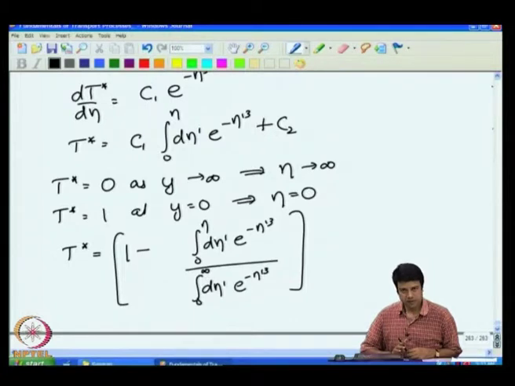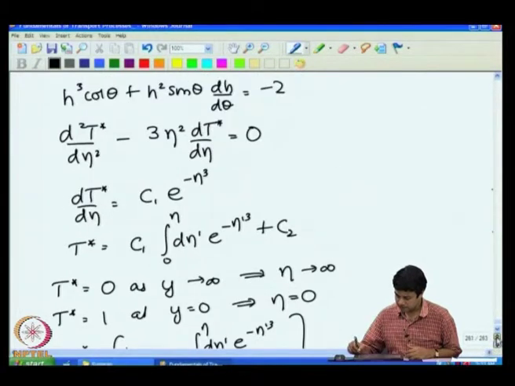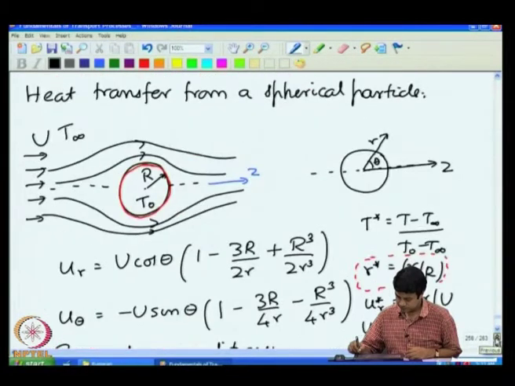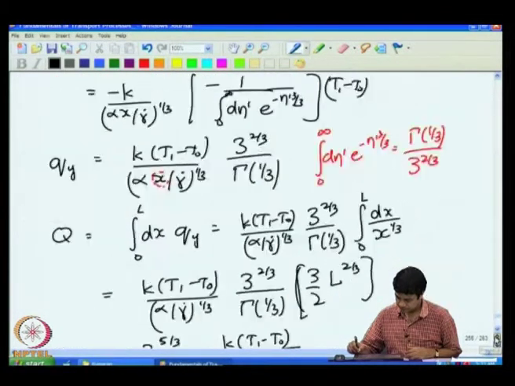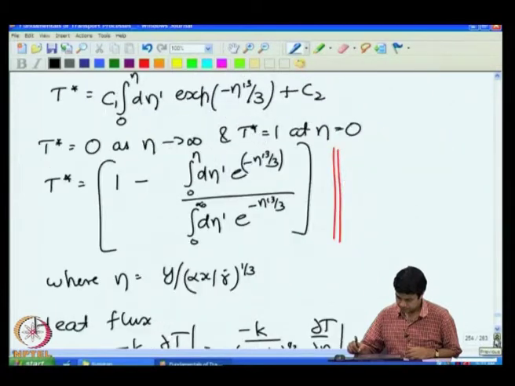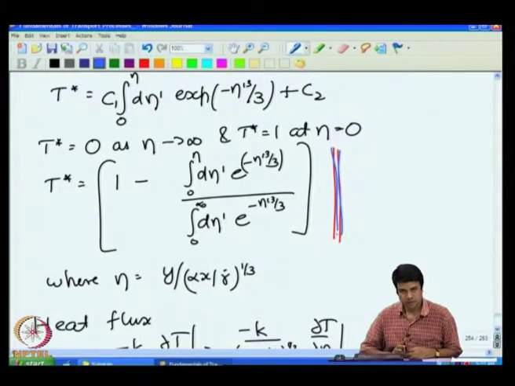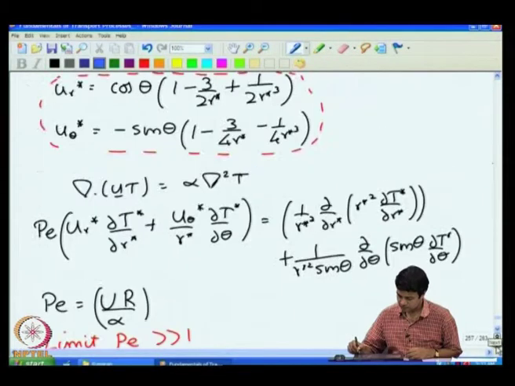And you can see that this equation looks remarkably similar to the equation that we got for the solution past a flat plate. This equation here for the flow past a flat plate, if I just scale eta by 3 power 1/3, I will end up with exactly the same equation for the flow past a sphere.